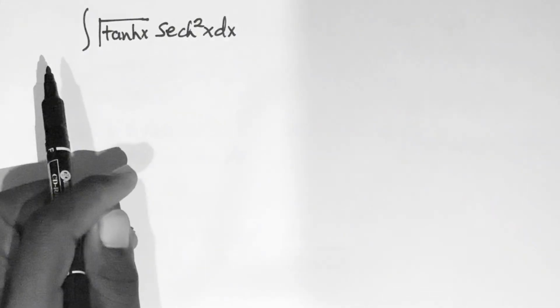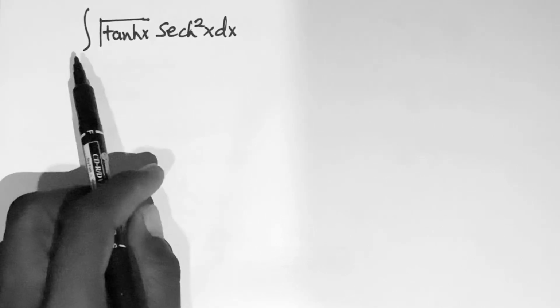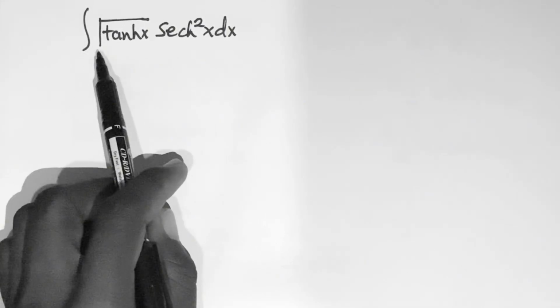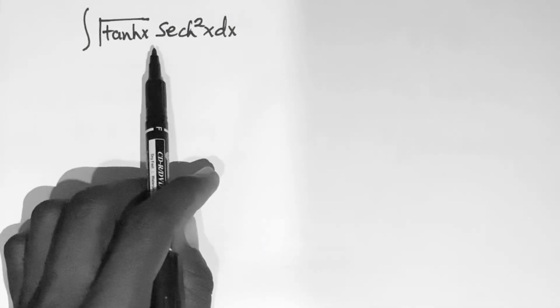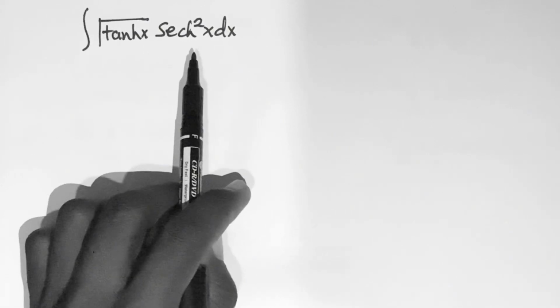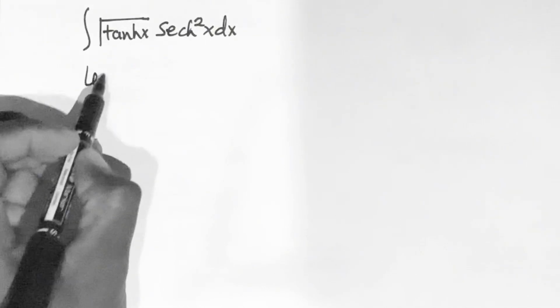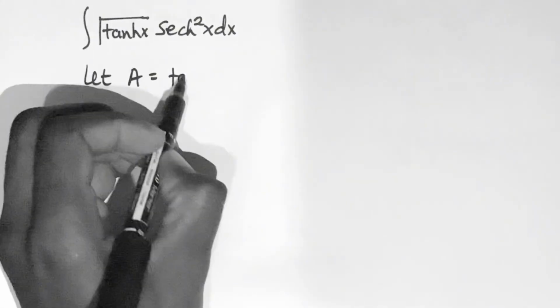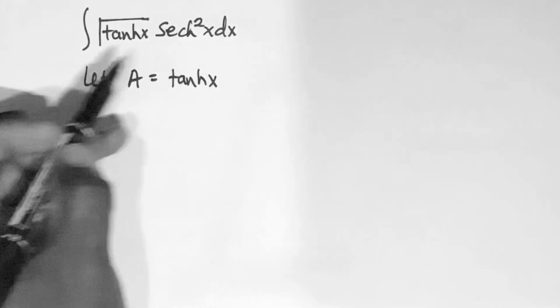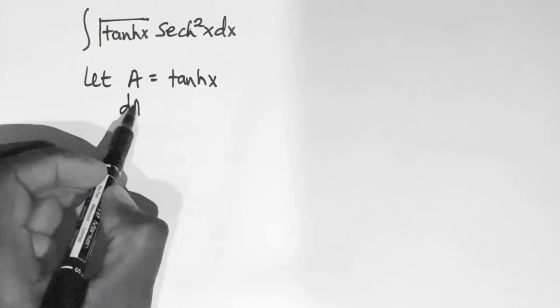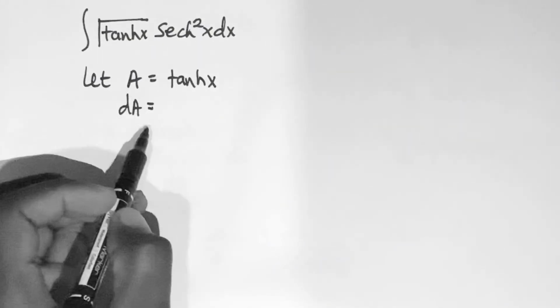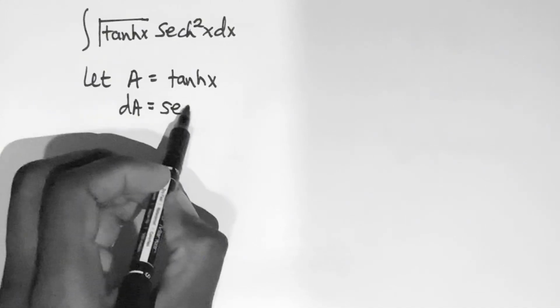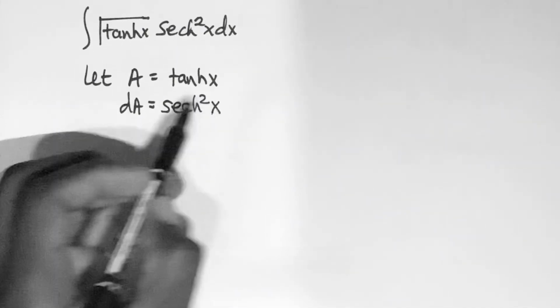There is another one too here, which is to evaluate the integral of square root of tan x sec squared x dx. So let's let A be equal to tan x. So dA is equal to, if you differentiate hyperbolic tan x, you get hyperbolic sec squared x dx.